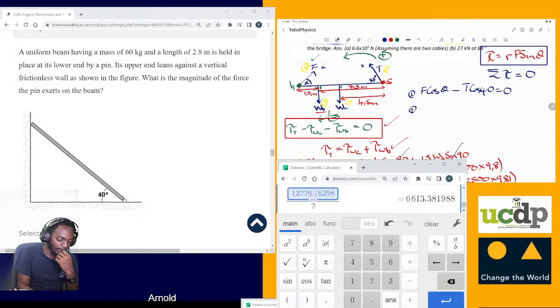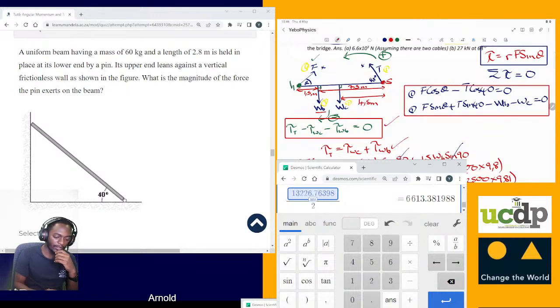And number 2, we resolve in the vertical, that will be F sine theta plus T sine 40 in the vertical, and we've got these two going down, Wb minus Wc equals 0. So those are the two equations that we can manipulate to solve our problem.